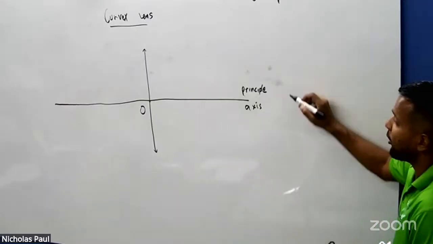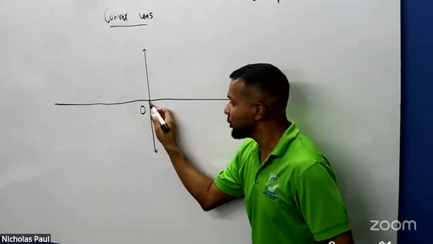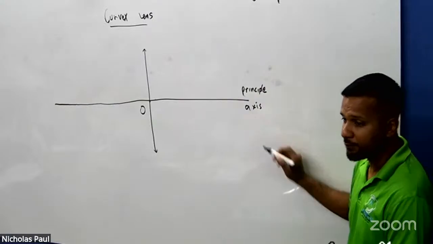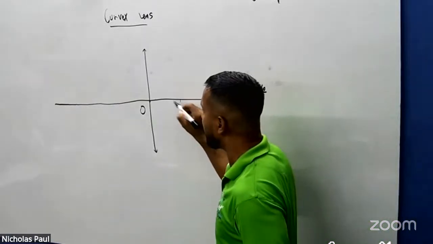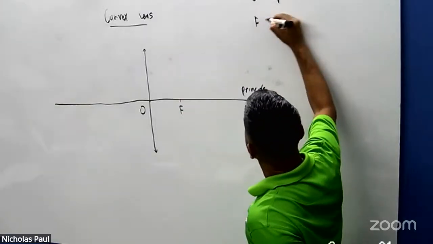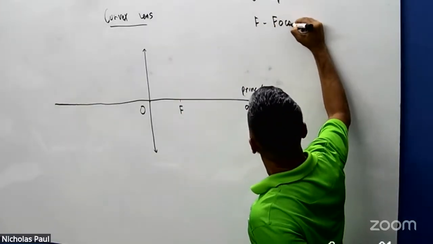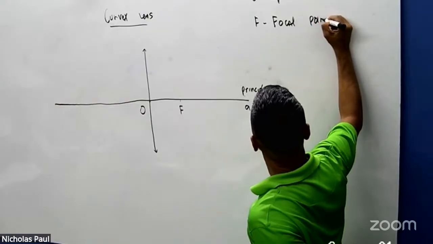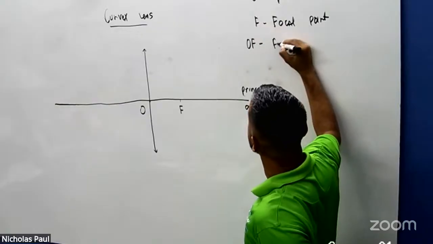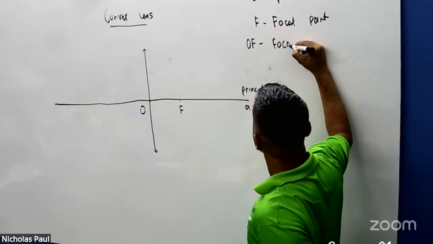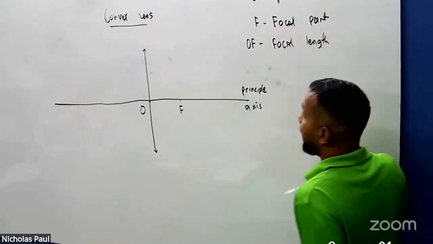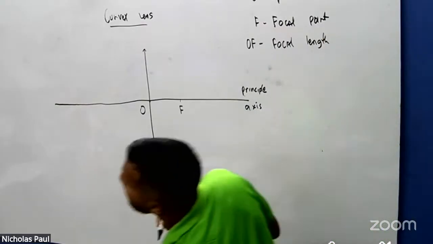All right, so this imaginary line through the optical center, we call it the principal axis. The point where all the rays go through, we call that point F. That is your focal point. From O to F, we call that the focal length.